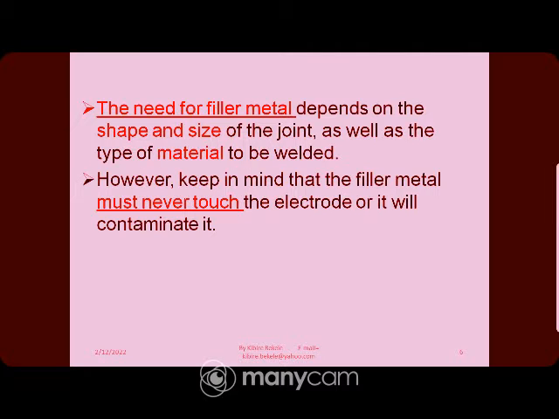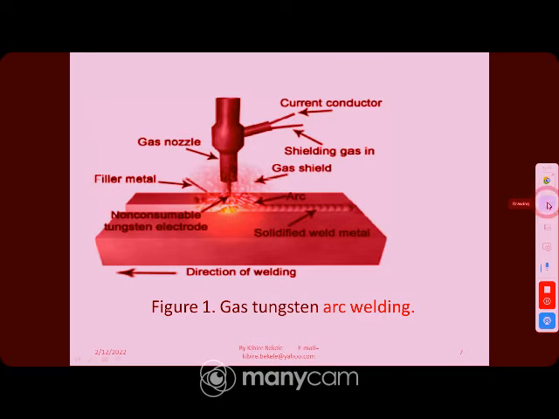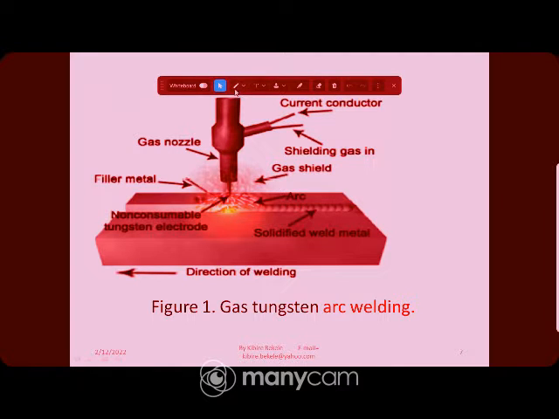And as you see, this figure shows the arc formation in the tungsten arc welding process. So here is the arc. The arc is formed between the base metal and the tip of the electrode. As you see here, this is also the filler material.